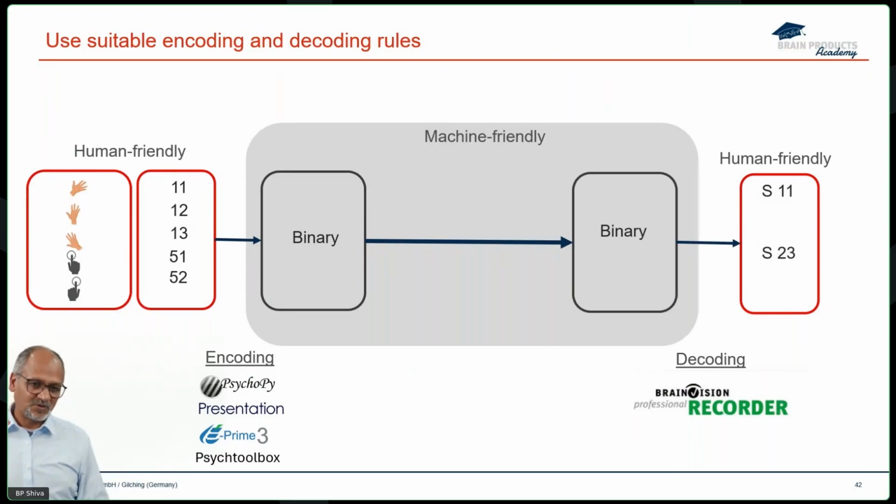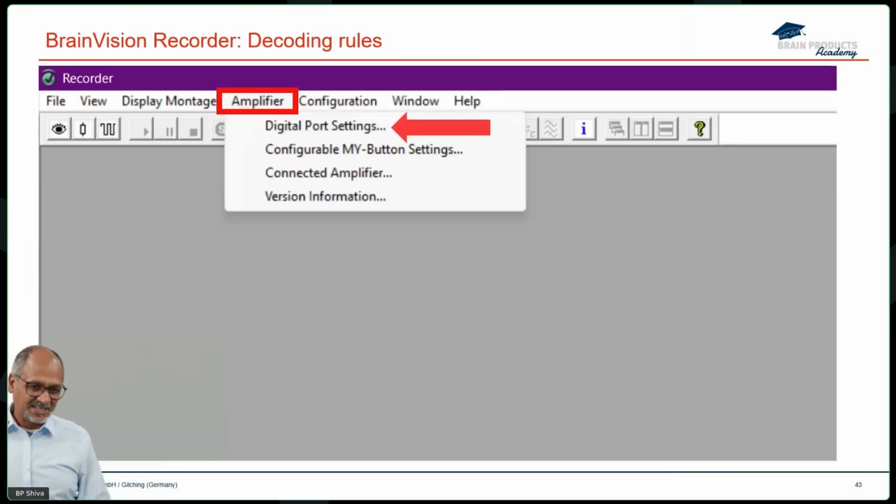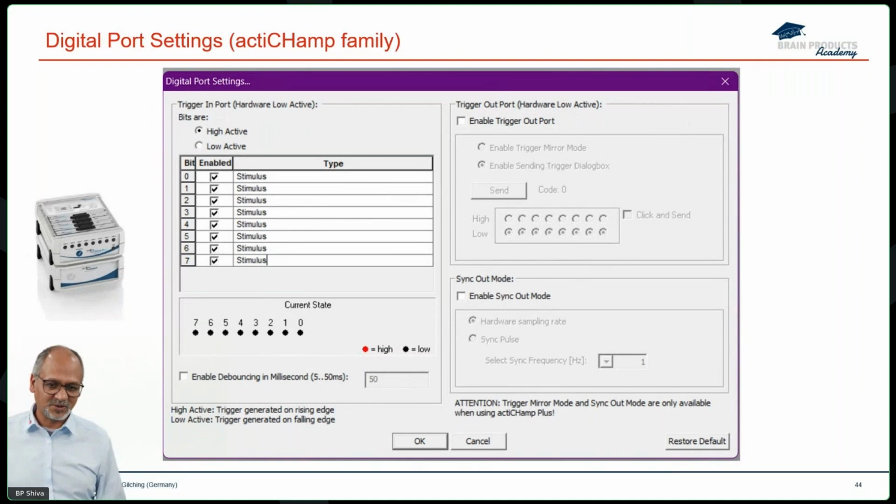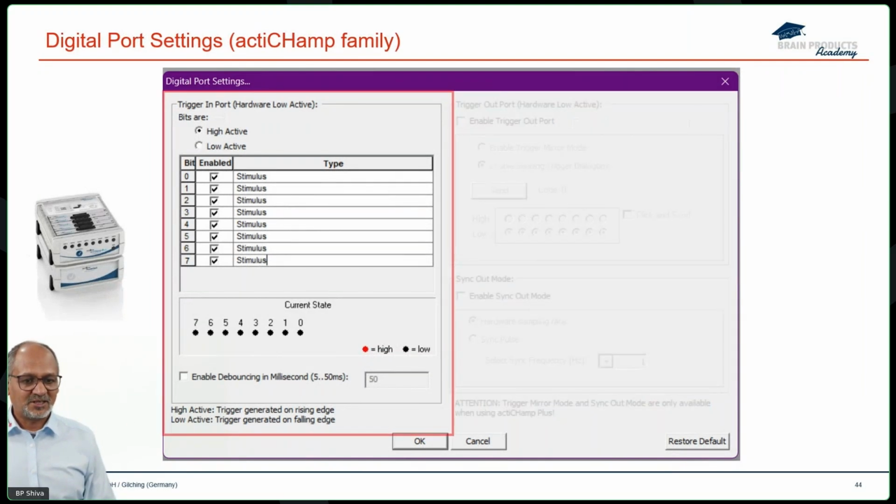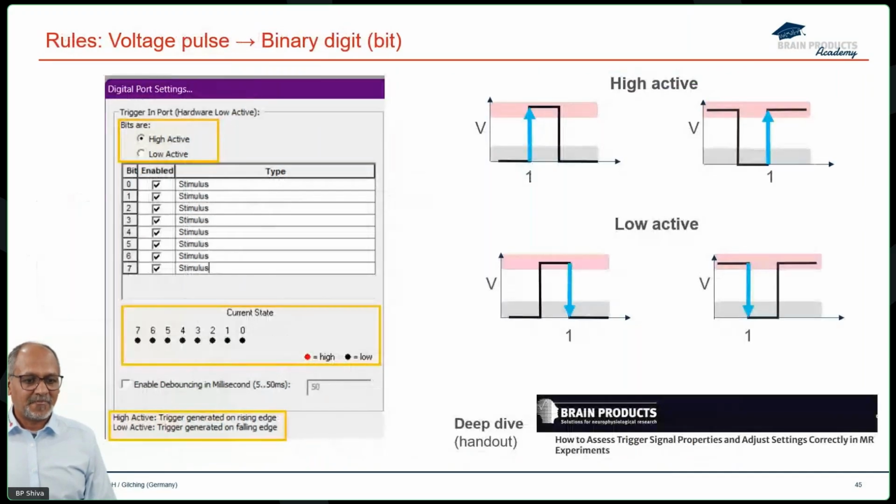And just to give you a flavor for how this is done, this is done via the digital port settings, and this is amplifier specific. So this is the screenshot of what it looks like for the ActiveChamp family. The key information is here, and if we look closely, this information in these yellow boxes indicates how a voltage pulse is to be converted to a binary digit.